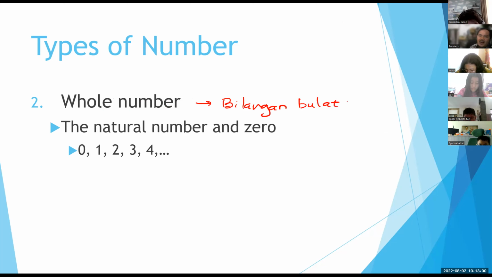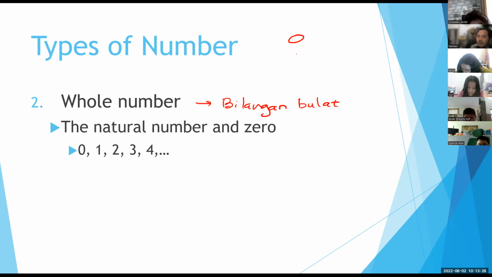The difference between natural number and whole number is only that one number, which is zero. Just the zero. The zero is the only difference between the whole number and natural number. Of the two types of number that we just learned, zero only goes into whole number.